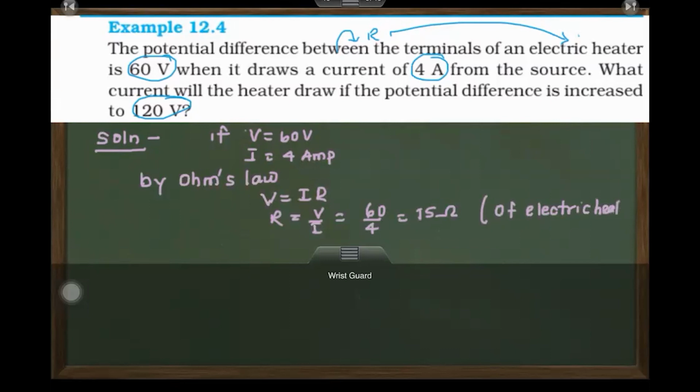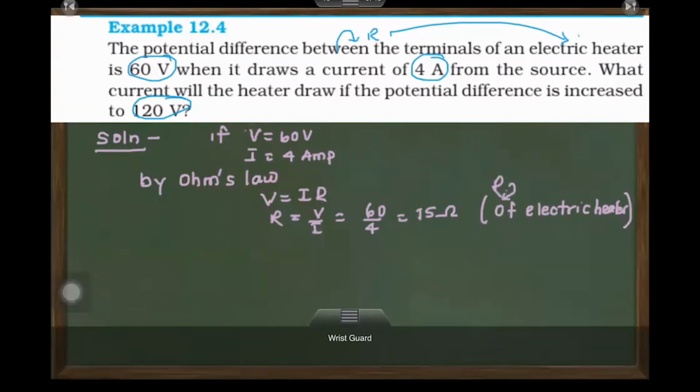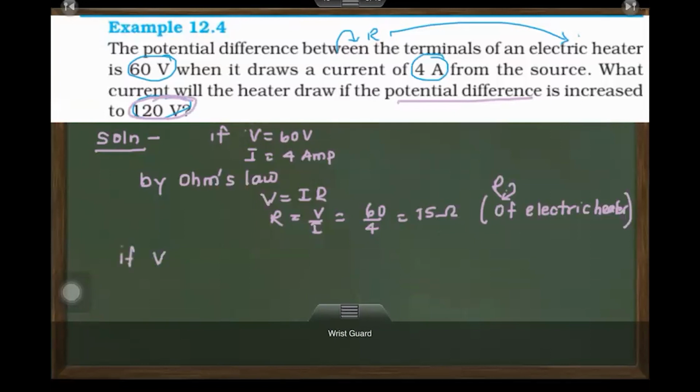So now you have the information of the resistance of the electric heater. If the same electric heater is used, but now the potential difference becomes 120 volt, then for the new case, V is equal to 120 volt and R will be the same, 15 ohm.